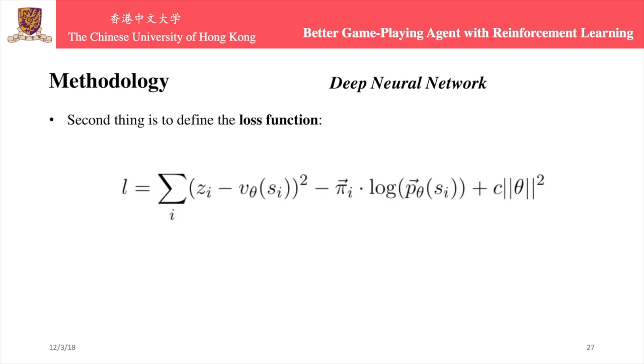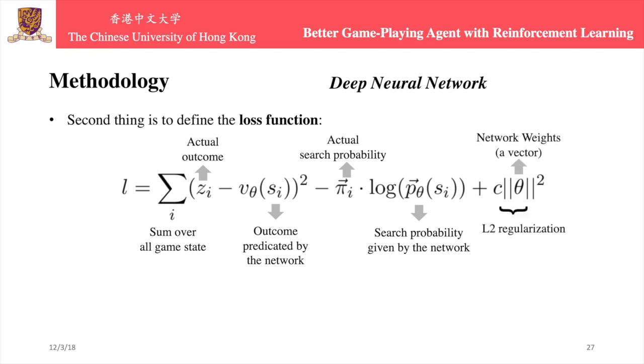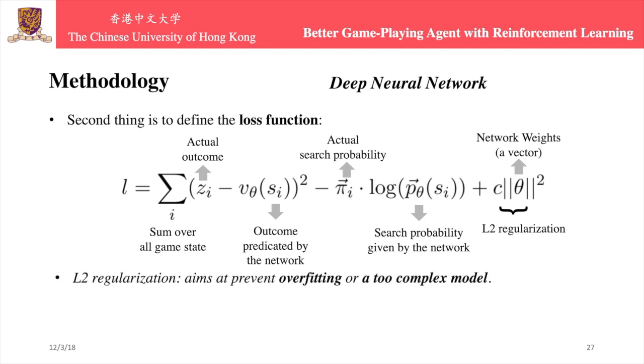In AlphaGo Zero, the loss function is defined as a formula, and it basically calculates the difference between the actual value and what is predicted by the neural network, and then takes a summation. But there is a special term at last, which we call L2 regularization. L2 regularization aims at preventing overfitting or a too complex model. Here theta is a vector.